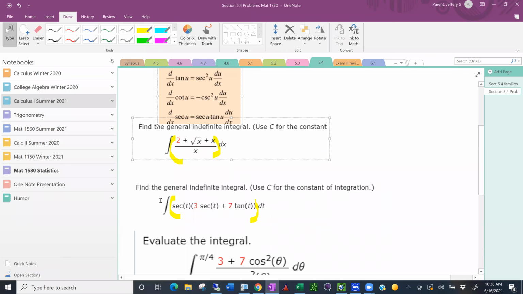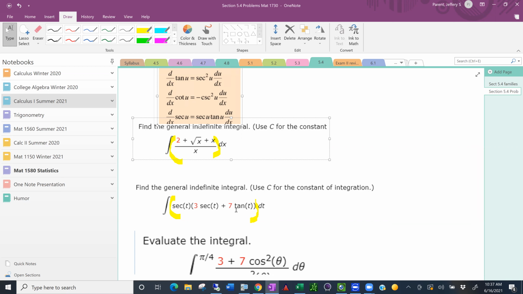I want to integrate secant of t times 3 secant of t plus 7 tangent of t. All right, so that's what we'll work on next. Let me copy that down. I'm going to copy it down with x's as opposed to t's, because t's look too much like pluses sometimes, and I get frustrated with that.